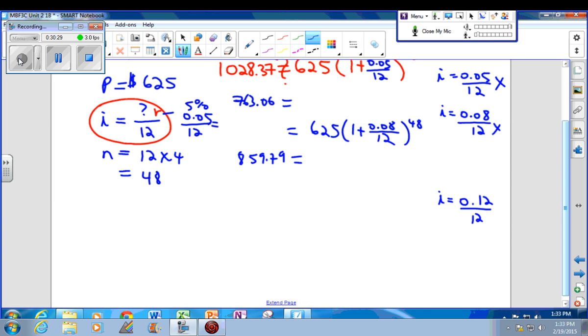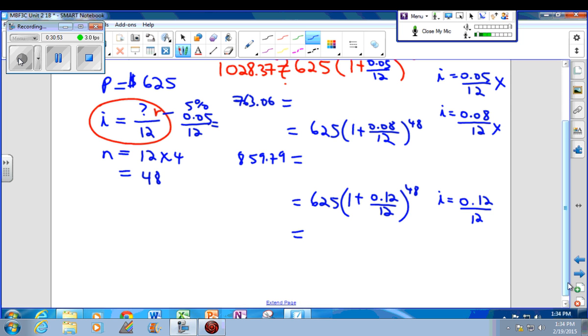Okay, so now we're going to go 625, 1 plus 0 point. Now watch it. That's 1, 2, because we're greater than 10 on the interest rate. What I'm hoping is that we're going to be above. If we're off, I'm hoping that we'll be above, and then we'll start bringing it down. I was a little surprised that that last one didn't do it.